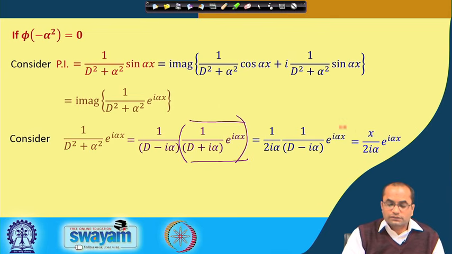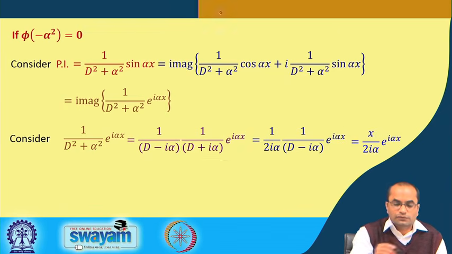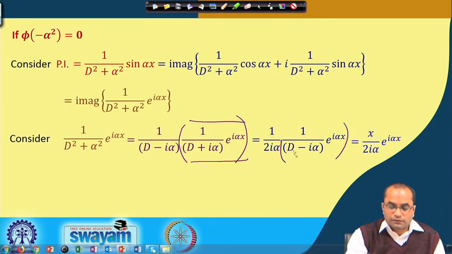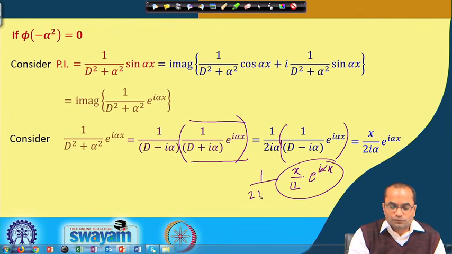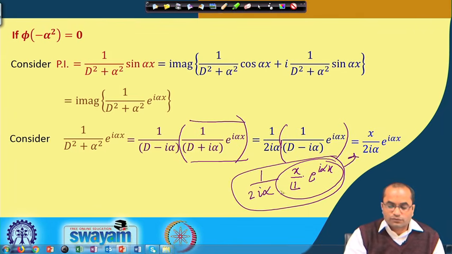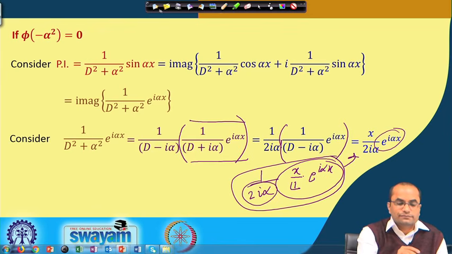So, now the value of this will be x over 2 I alpha, because x over factorial 1. So, out of this operation we will get x over factorial 1 and e power I alpha x, and then together with this one we have 2 I alpha. So, we have written here x over 2 I alpha and exponential I alpha x.